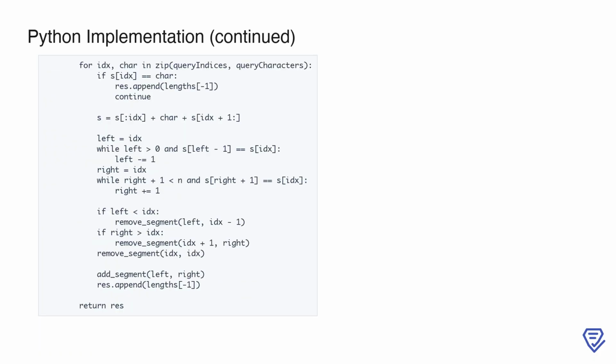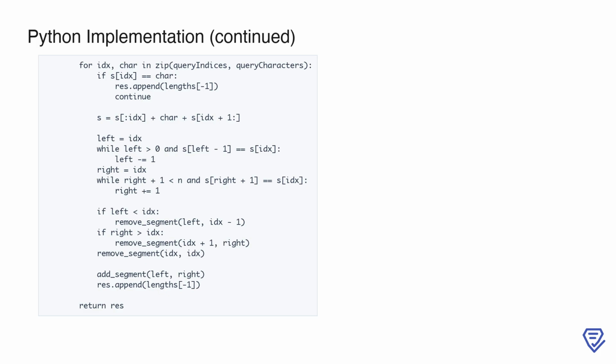Now, we iterate over the query indices and query characters using the zip function. For each query, if the character at the specified index in s is already equal to the new character, we simply append the length of the longest segment to the result list res and move to the next query. Otherwise, we update the string s with the new character at the given index.